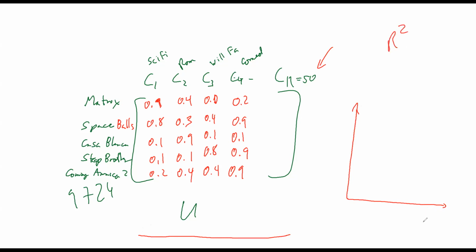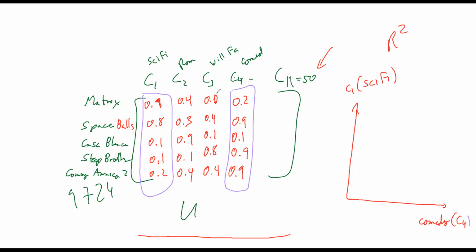The axes will be comedy, which is C4, and C1, sci-fi. You guys see that? Now let's think about why we could use distance functions here. Let's plot the movies. We're only going to focus on the vectors C1 and C4.